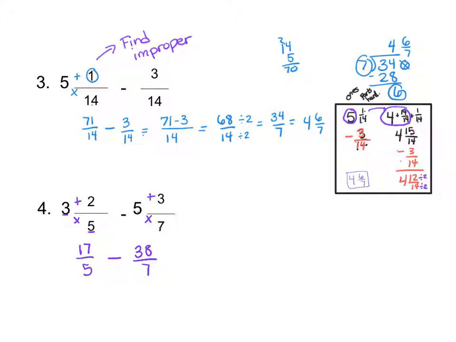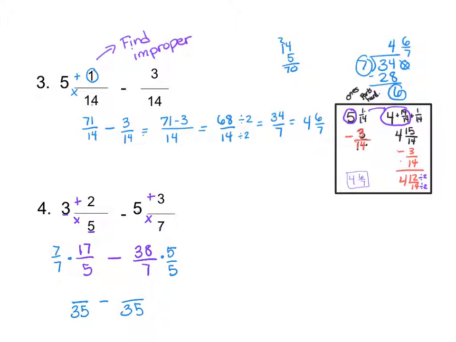So I have 38/7. Now I need to get a common denominator since I am subtracting. So I'd multiply this one by 7/7, and this one by 5/5. So I can get a common denominator of 35. So I'd have 35 on the bottom here, minus, and then 35 on the bottom here.